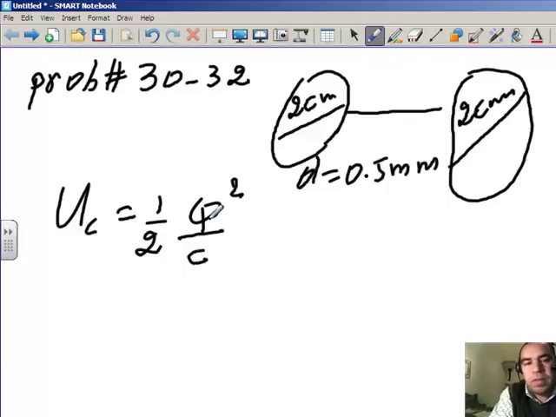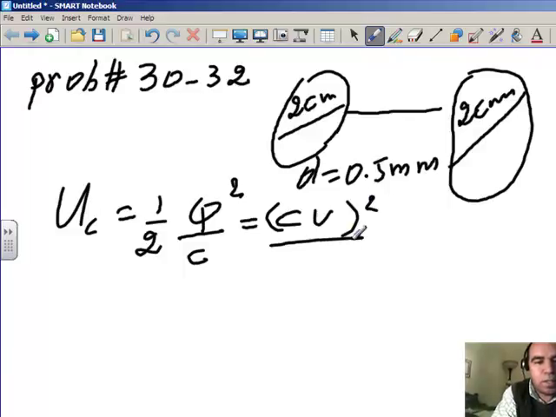Now, since we don't have a charge, we can have C, but we are given the voltage. Another form of this equation is this. Since Q is CV, so Q is just CV squared over 2C. Now I cancel out C and C.